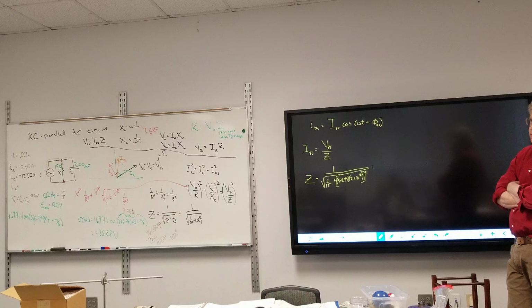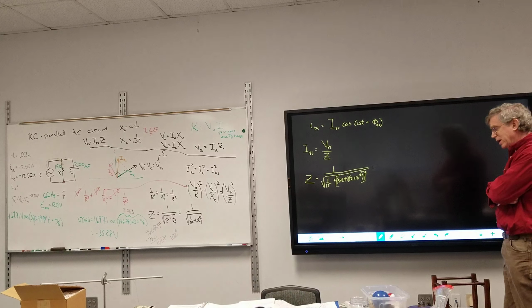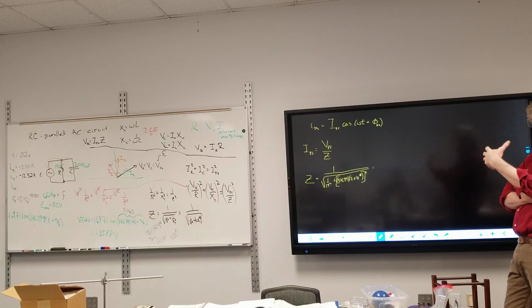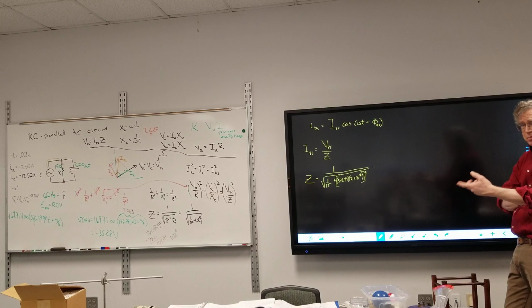Does that mean we need to derive Z first? Typically I would say to look up the formula for the impedance. I do recognize this is physics 151. My problems are not intended to torture you. I have so far not tortured students on the test with a problem that basically takes an hour.